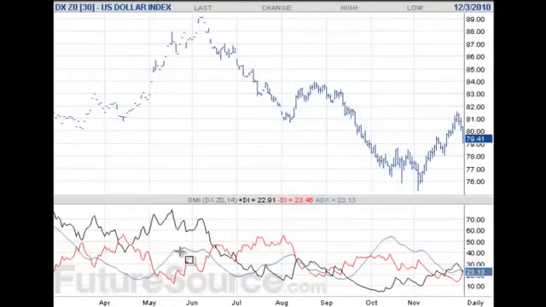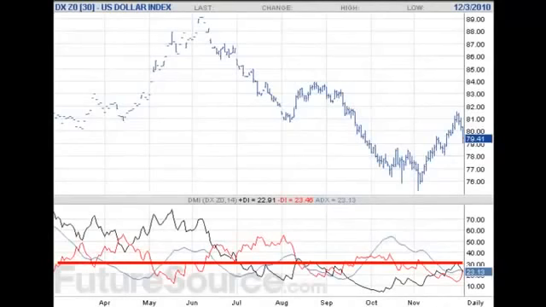But when the ADX is rising and then it hooks down, if it's above this 30 area right over here, then you have the potential of a top or a bottom in the market. So let's just look at it. Here we have the ADX. It hooks down right around in here, and the market tops in there.